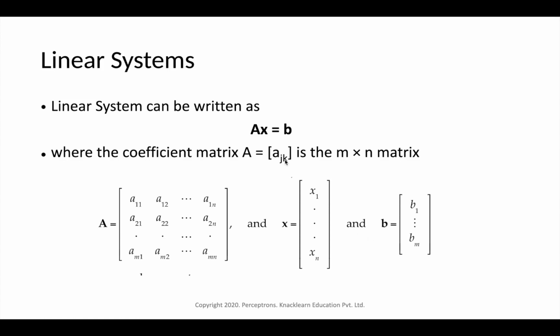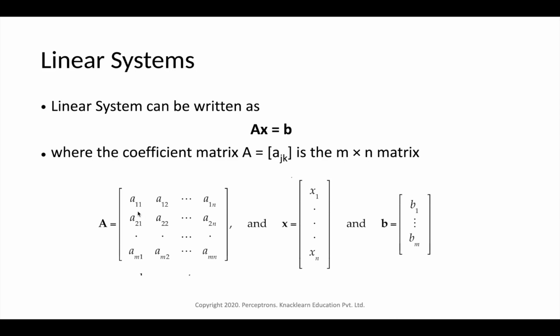So the equation of this form, that is Ax equals b, is in the form of a linear equation. Here A is the matrix A, x is called the unknown vector, and b is the solution vector.